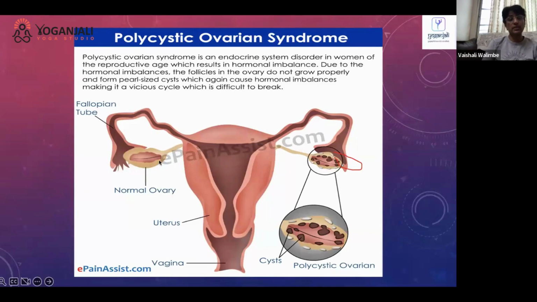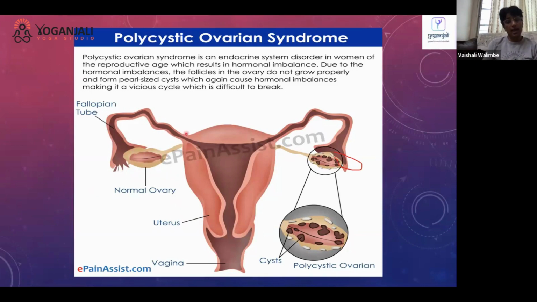This is the actual structure of our uterus. This is a normal ovary. It has the eggs inside, and the eggs have a follicle as a covering. This is the fallopian tube.